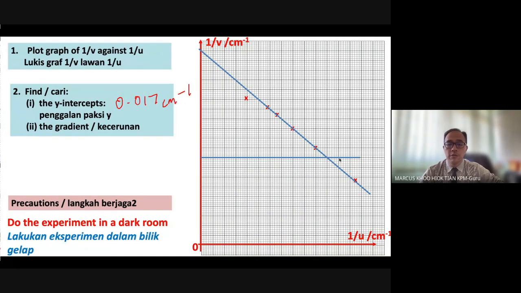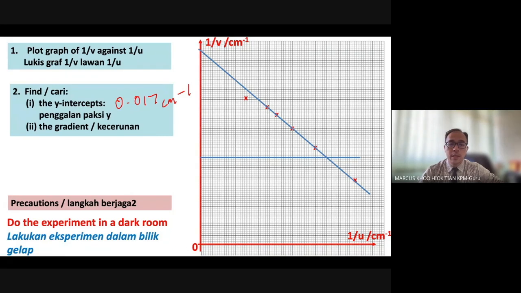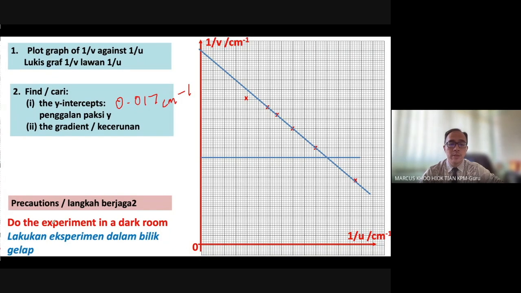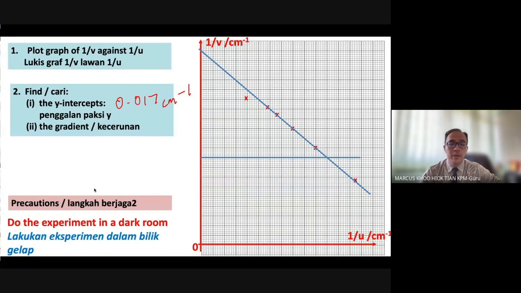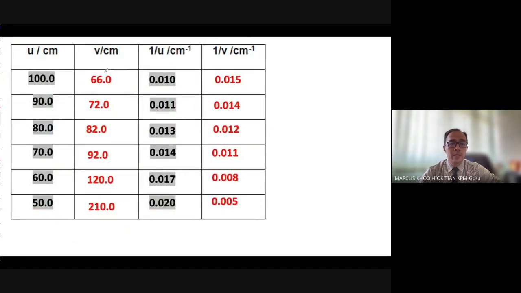What scale should we use for the x-axis? Well, if your values are pretty similar to mine, the x-axis is this one, 1 over u. Perhaps 2 cm to 0.005.